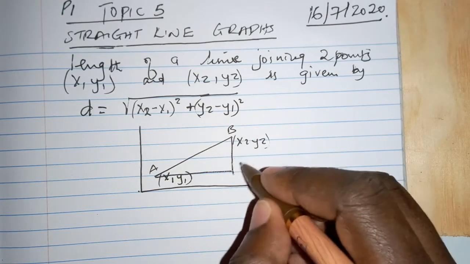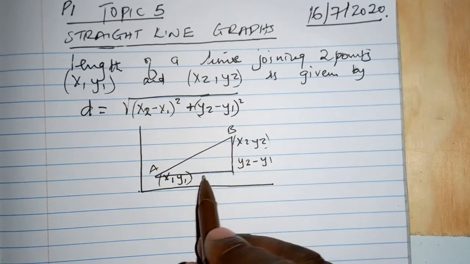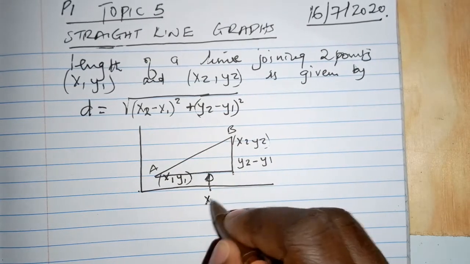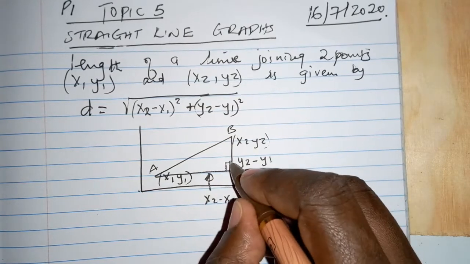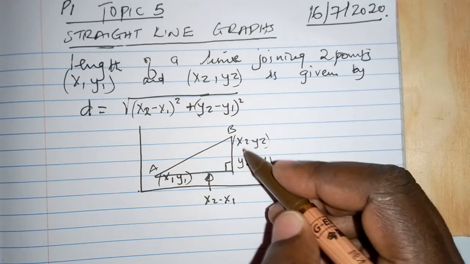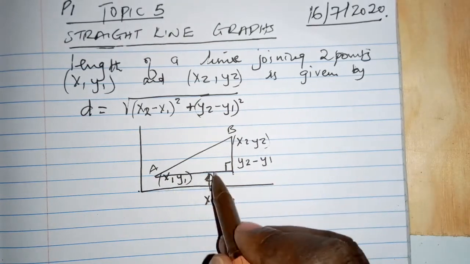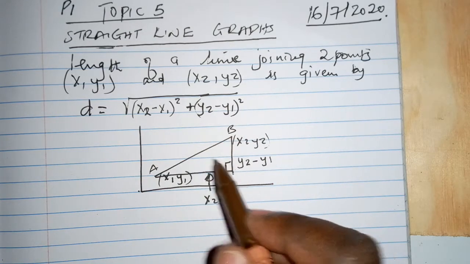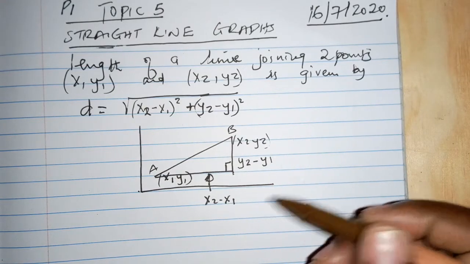The vertical distance is y2 minus y1, and the horizontal distance is simply x2 minus x1. Using the Pythagoras theorem, we have this vertical distance squared plus this horizontal distance squared, you add the two squares and eventually look for its square root. That is just Pythagoras theorem.